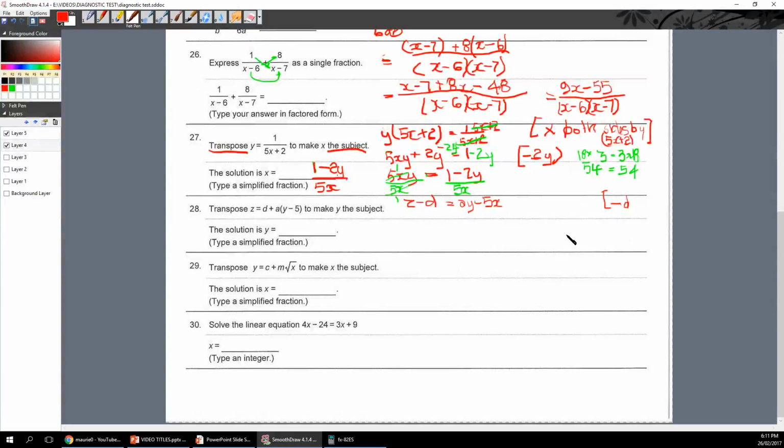Then in my second step, I'm going to go plus the 5x. That will give me, because I'm starting to leave out steps now, plus D minus D, that cancels that out, and then that's AY minus 5x. So plus 5x minus 5x cancels that out.